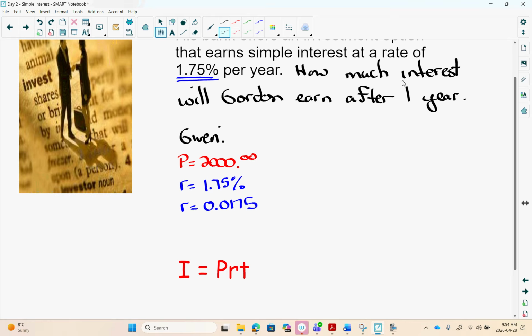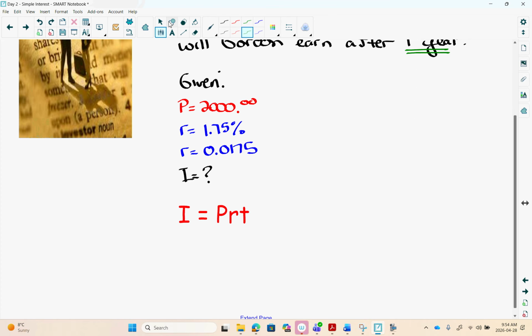Now, I want to know the interest. I'm solving for I. What's the time? So T is going to equal 1 year. And it's in years. It's good.